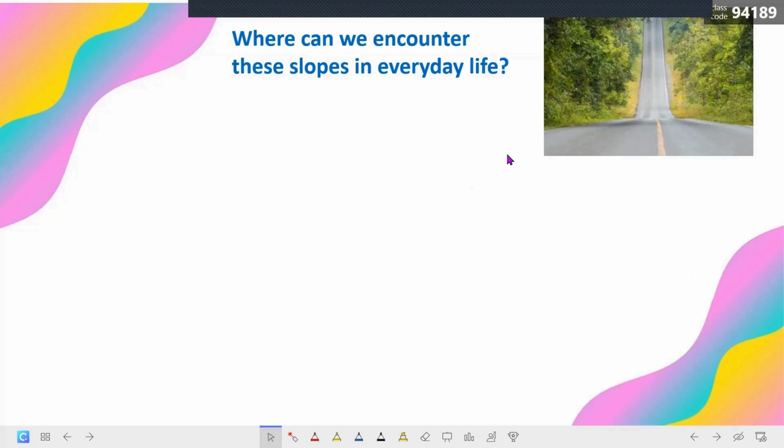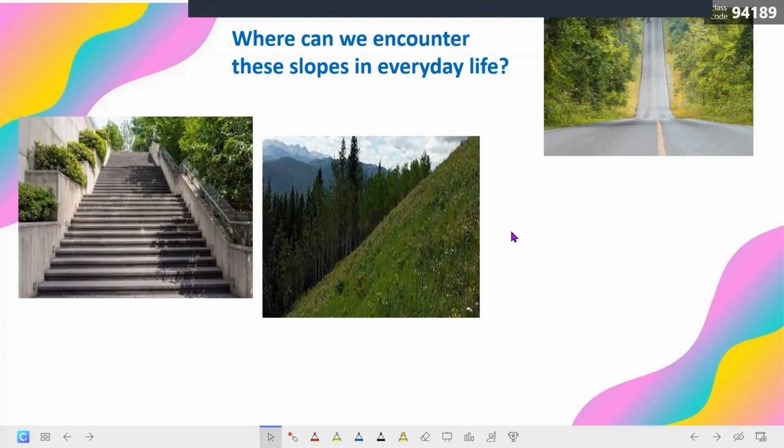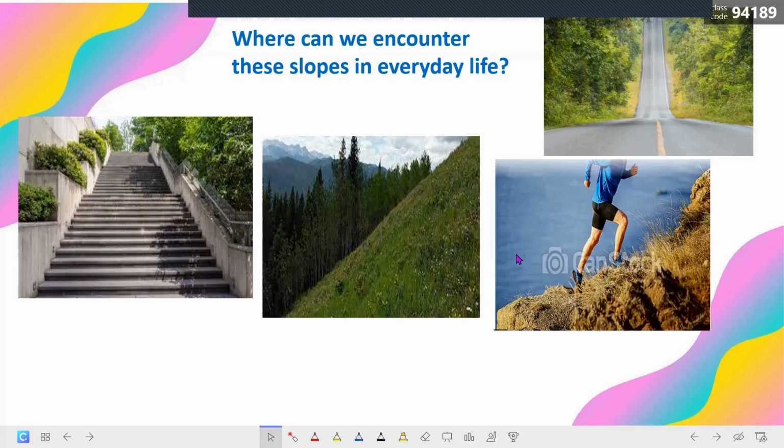Where can we encounter these slopes in everyday life? Here you can see slopes in this picture. The staircase represents slope. This mountain as well, and this hillside as well.